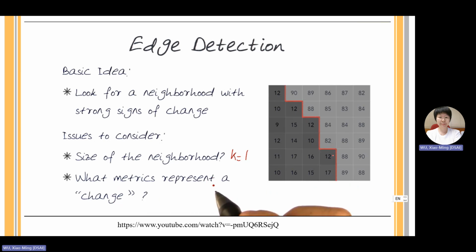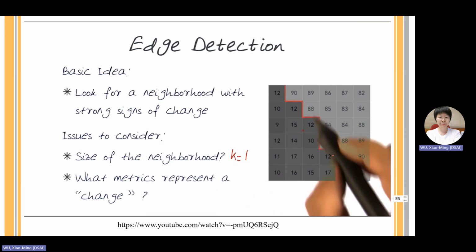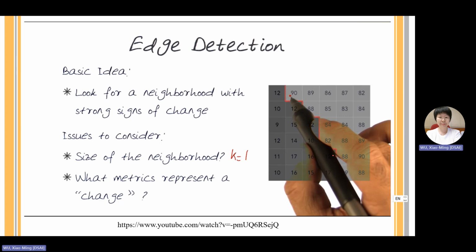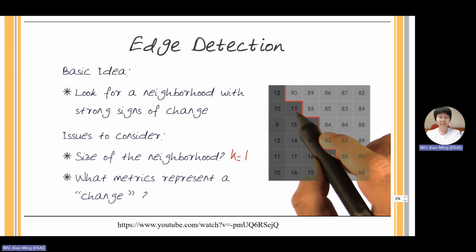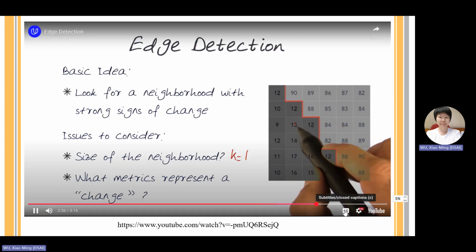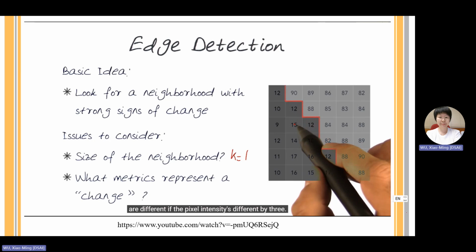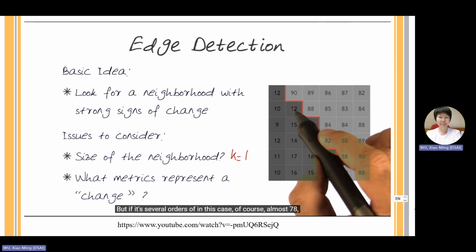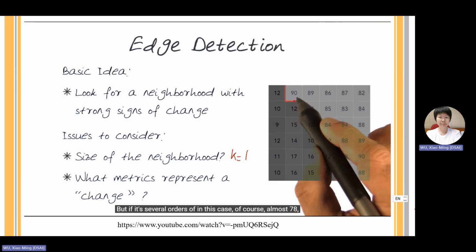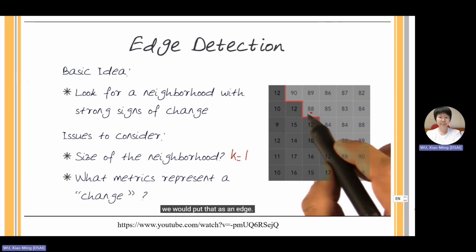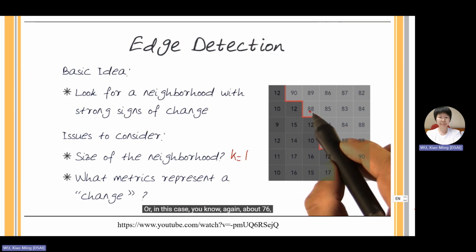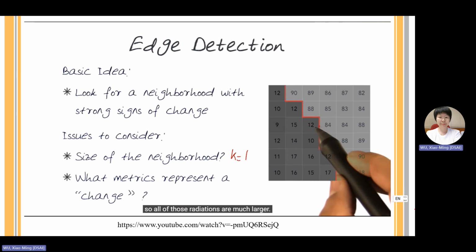Then also, what metric represents a change? In this case, we said let's not think pixels are different if the intensity differs by 3. But if it's several orders larger, in this case almost 78, we will put that as an edge. Or in this case, again, about 76. All of those variations are much larger.